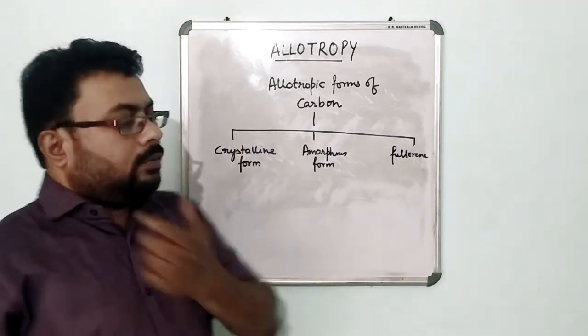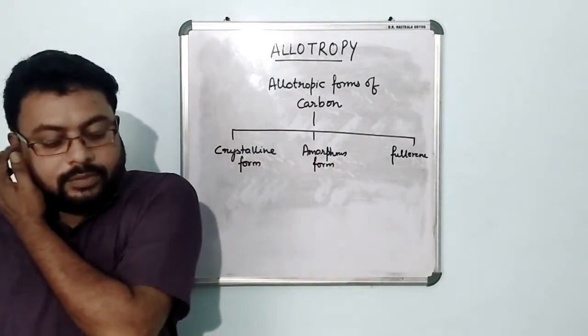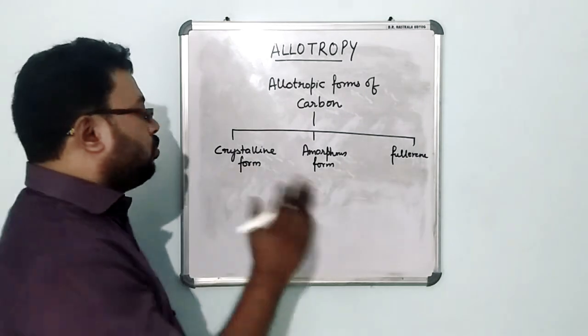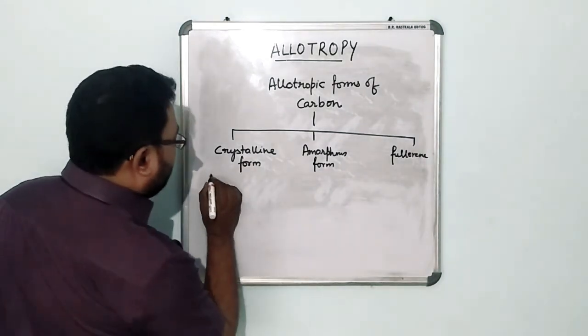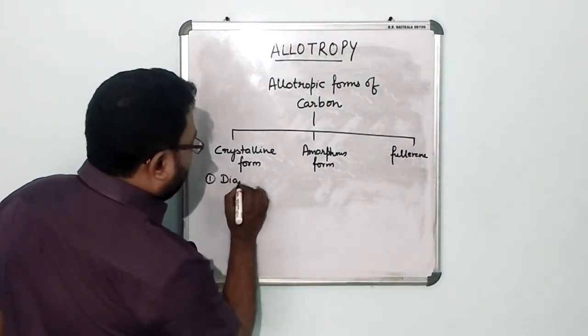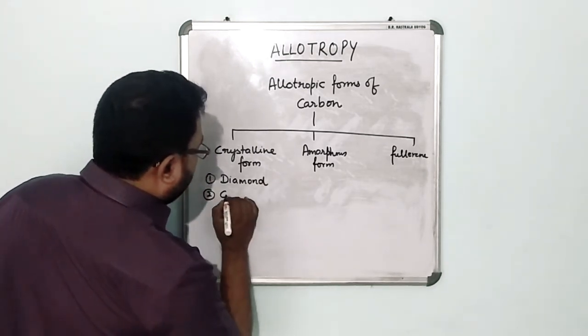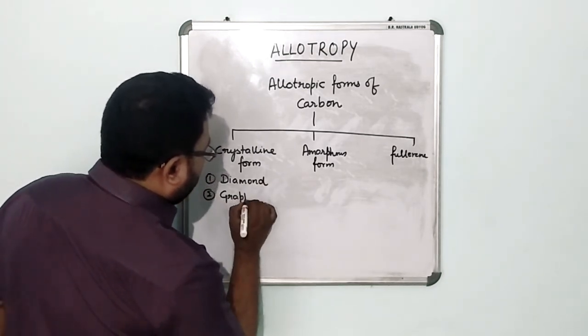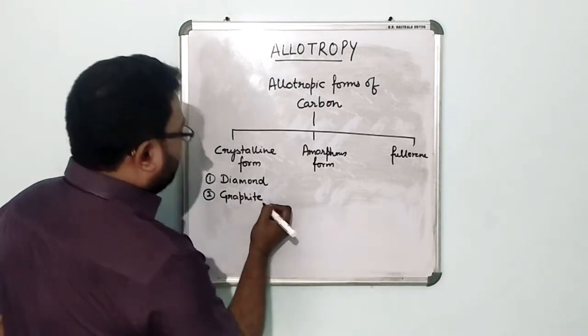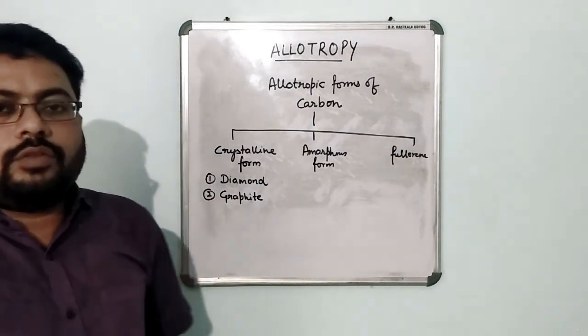These are the three physical forms in which carbon exists. When we are talking about the crystalline form of carbon, we have two examples: diamond and graphite, which are very common crystalline forms of carbon.